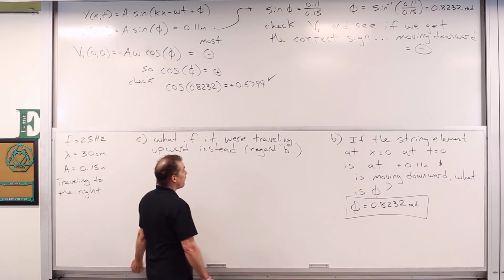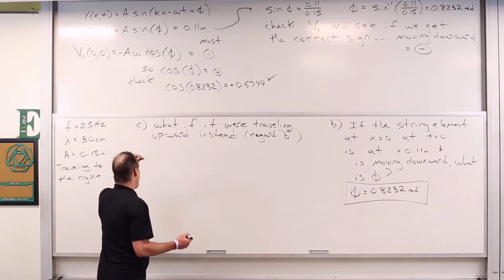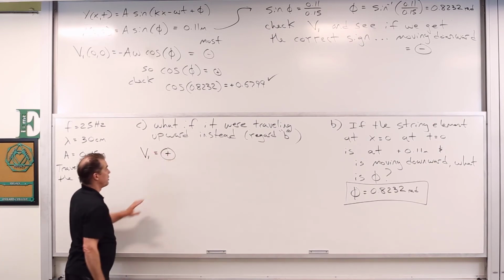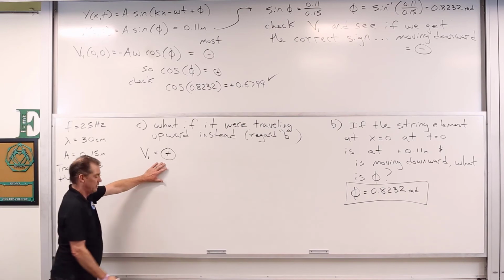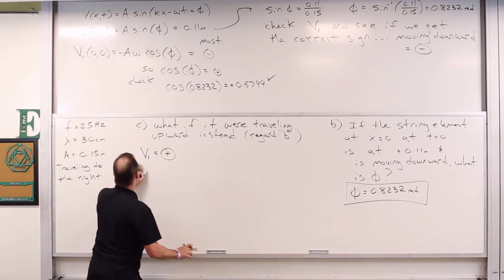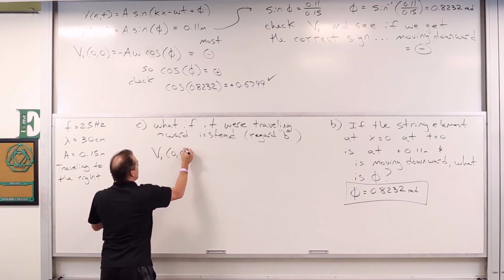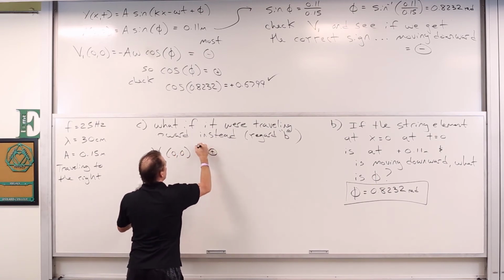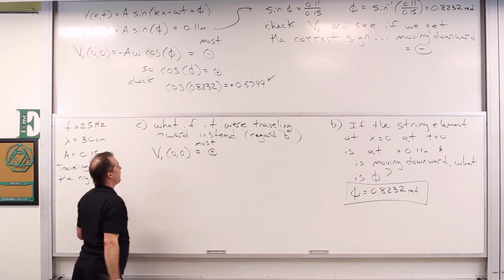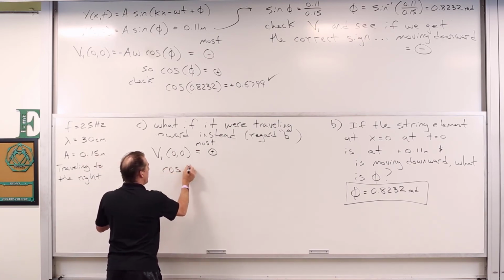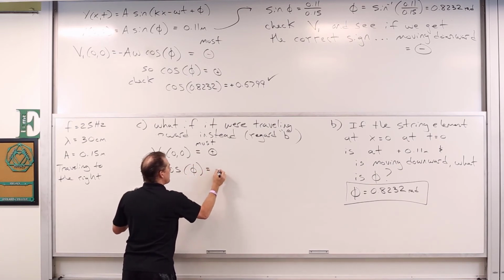So now we've got this to go with. We've got that v sub y has to be equal to positive because it's traveling upward. And this is v sub y of 0, 0. V sub y of 0, 0 must equal a positive, and thus the cosine of phi must be equal then to a negative.